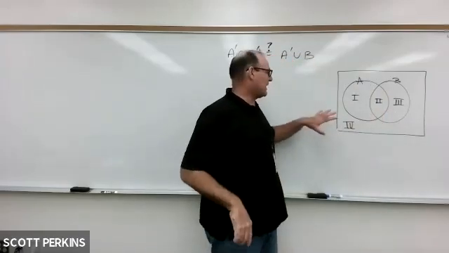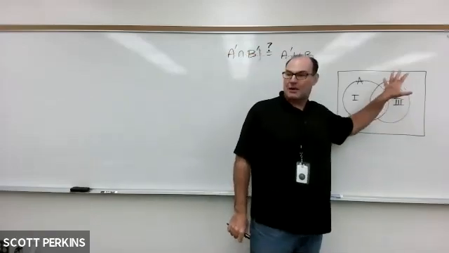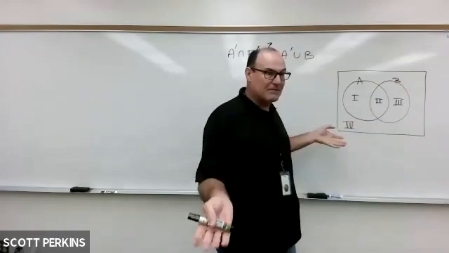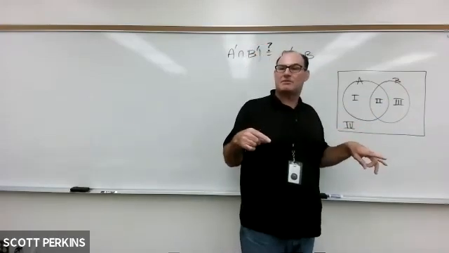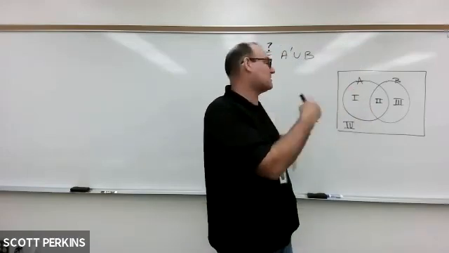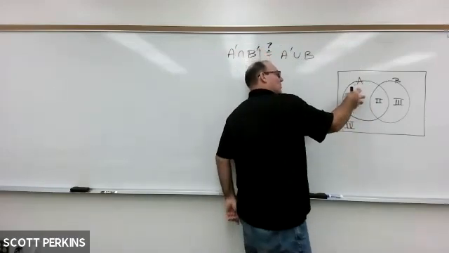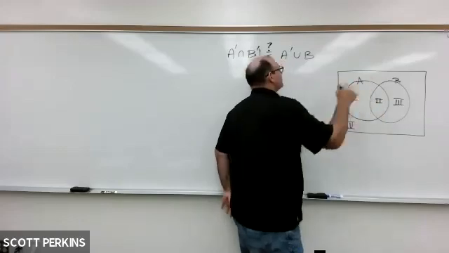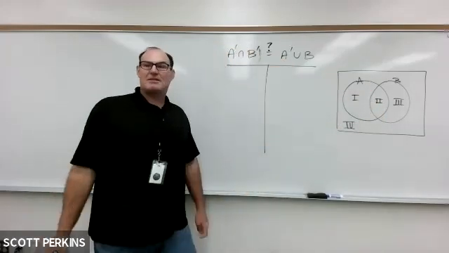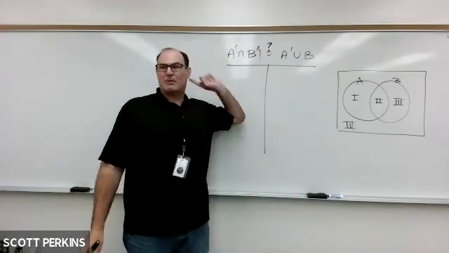So just trying to give you a little verbal description of what each region represents. If I did have sets, as we did in a couple of examples, anything in the sets that was only in A, I put in here. Now we are going to demonstrate whether or not this relationship has to be true.